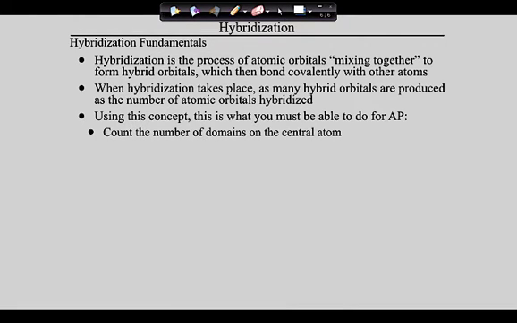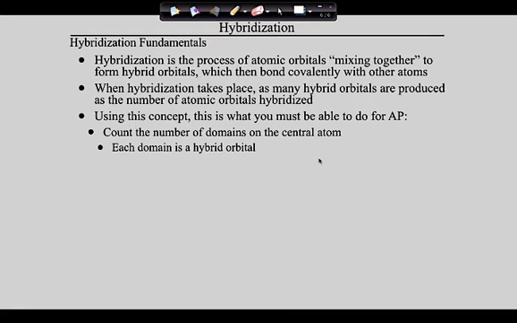You've got to be able to identify the hybridization of an atom in the molecule. So here's the way you do that. Count the number of domains on the central atom. And then make this connection.